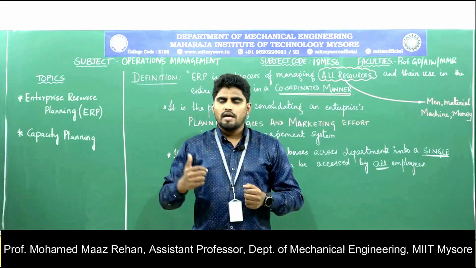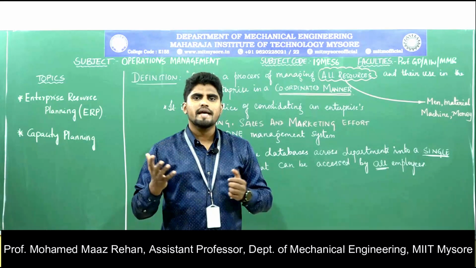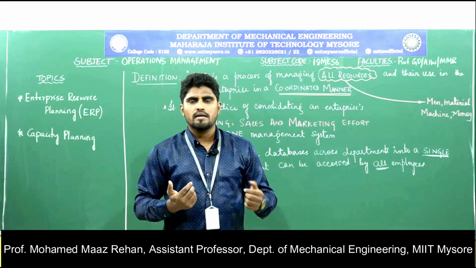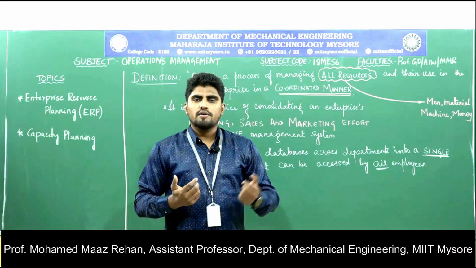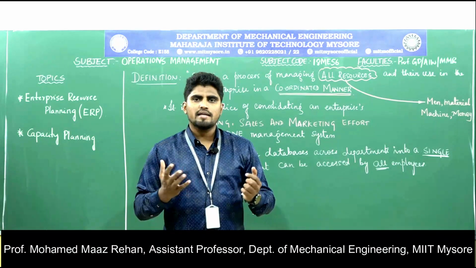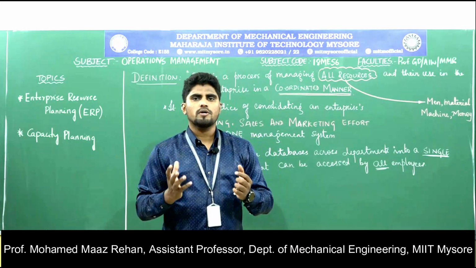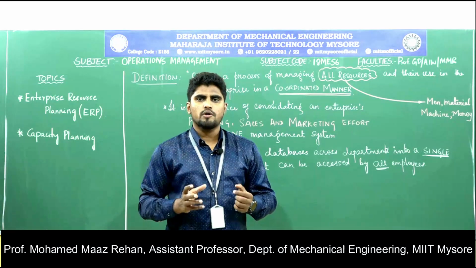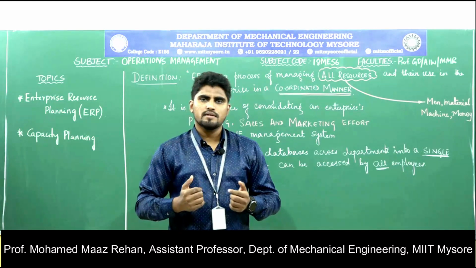Here in ERP, we have the various departments associated with the end product, such as the purchasing department, marketing department, sales department, financial department and accounting department. We have to consider everything and make a particular module. So we have to combine the various departments into one such module. That particular module is nothing but enterprise resource planning.